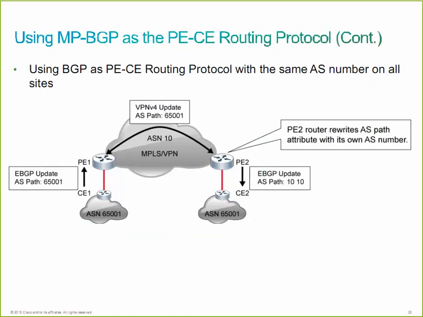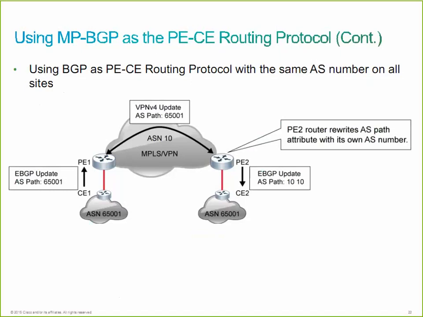If for some reason a route that's being received, which has an AS path attribute tied to it, that's one of the mandatory attributes in BGP, contains the local AS number or ASN in the route, that route typically gets discarded, right?